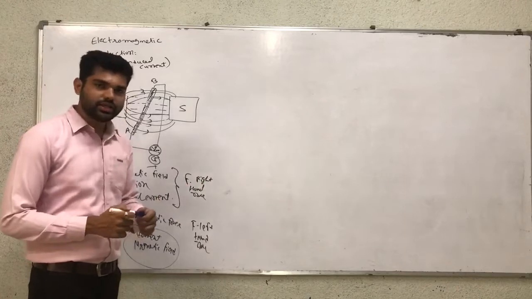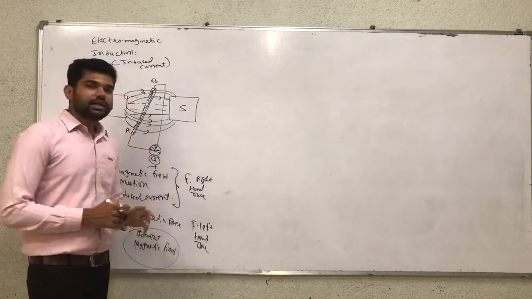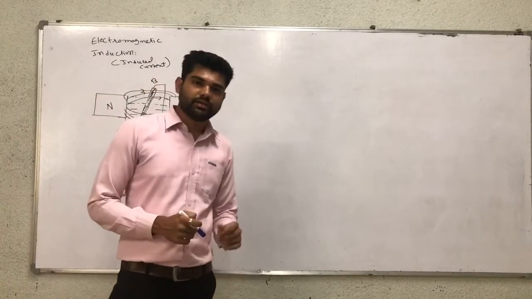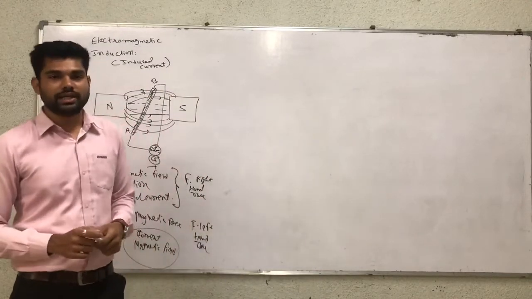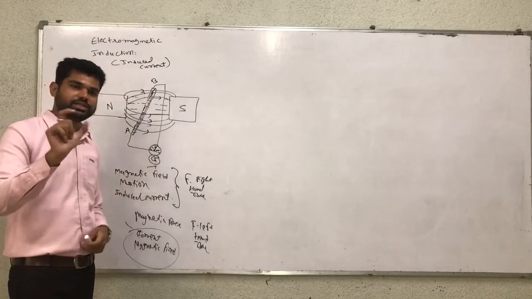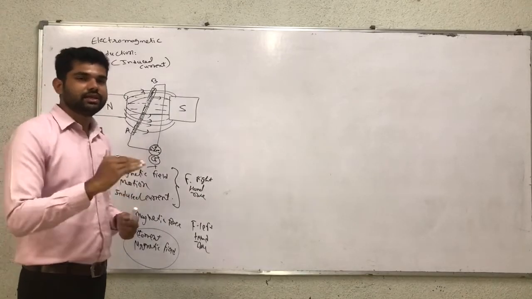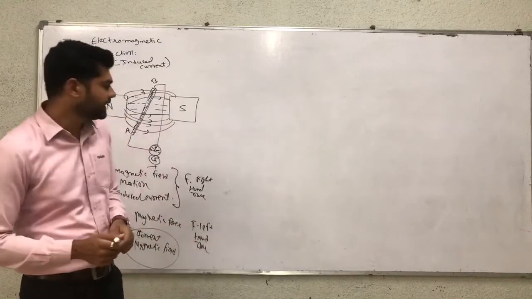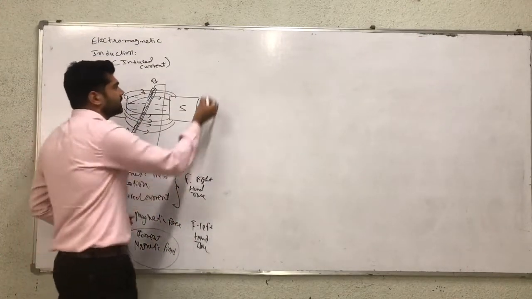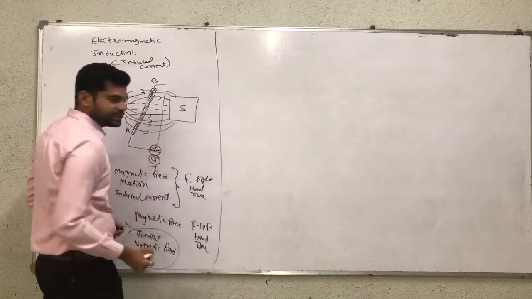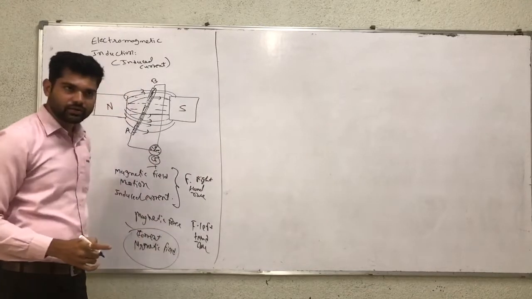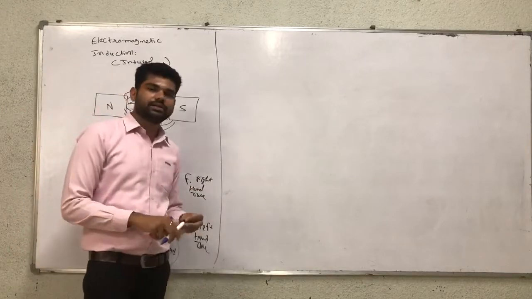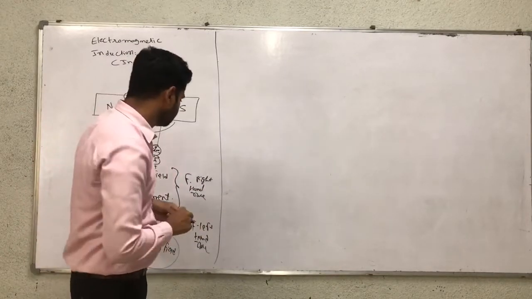Now the next theory is the AC generator. Why do we call it an AC generator? We will understand these words at the end of the generator theory. Now understand generator and electric motor. In the electric motor Fleming's left hand rule is used, and in the generator Fleming's right hand rule.